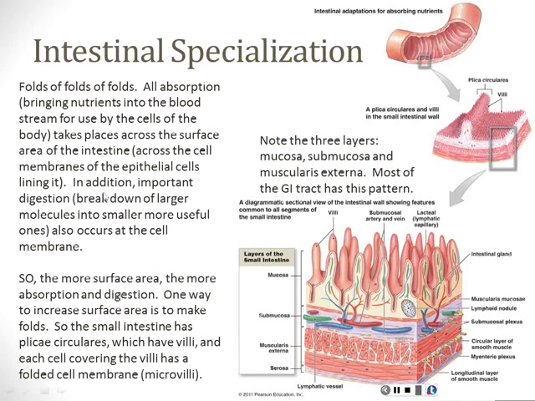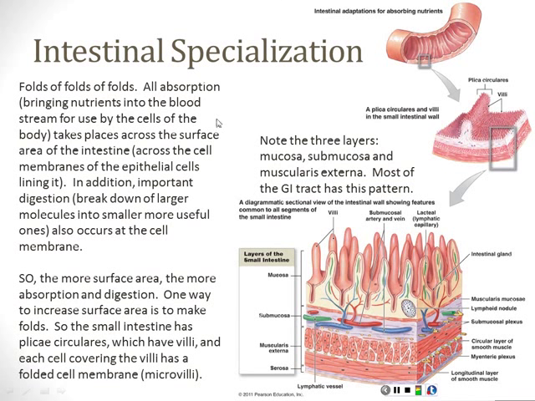Okay. So from the stomach, the next step is the small intestine. And the small intestine has 3 parts, 3 regions that are slightly different in their specializations. But in general, one of the small intestine's specializations is folds of folds of folds, which we introduced a little bit on Monday.